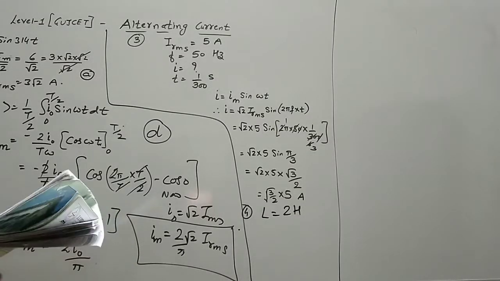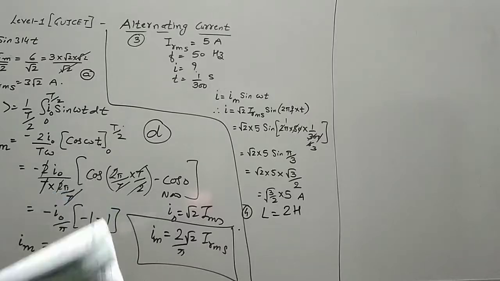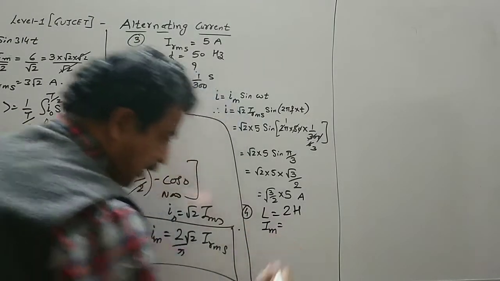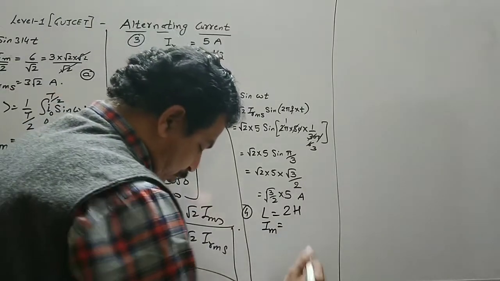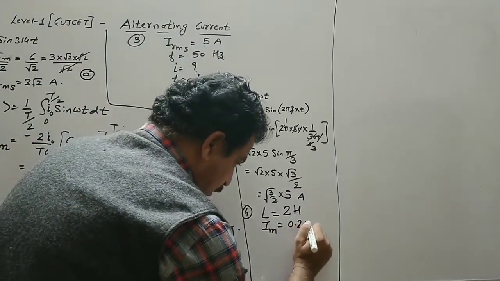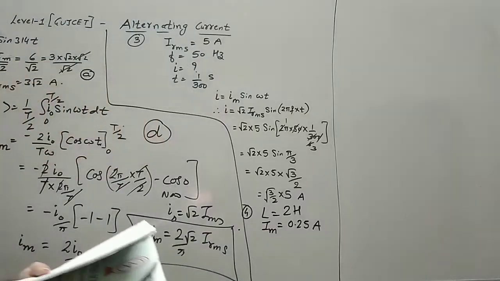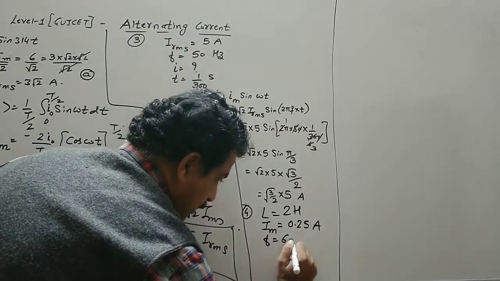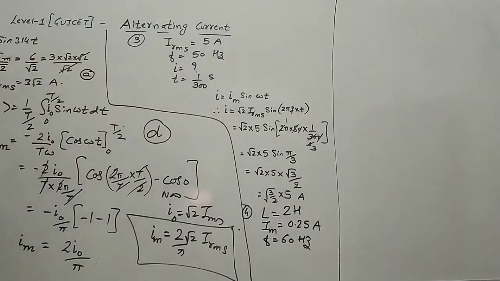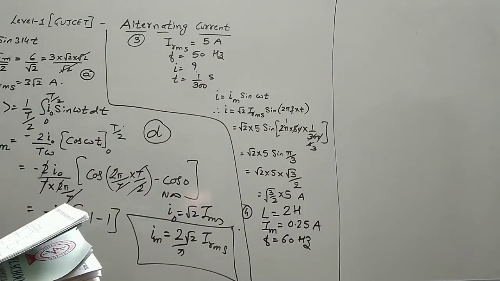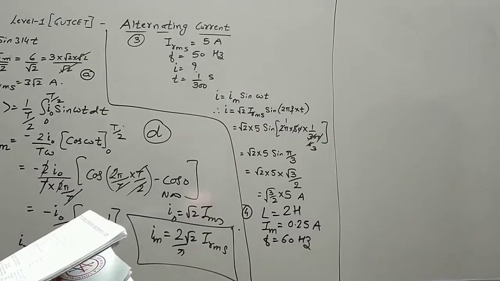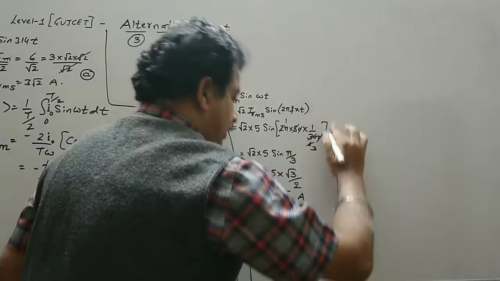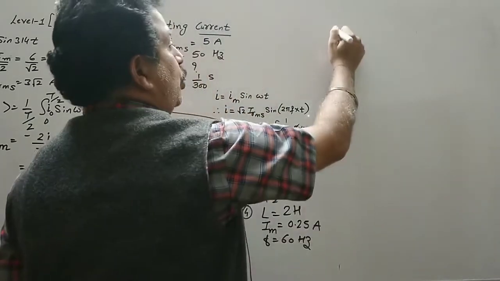If the current is represented by a sine wave of amplitude, so here it is amplitude, that is a maximum current, that is a peak value is 0.25 ampere, and the frequency is 60 hertz. The circuit is inductive. Calculate the effective potential drop across the inductor.